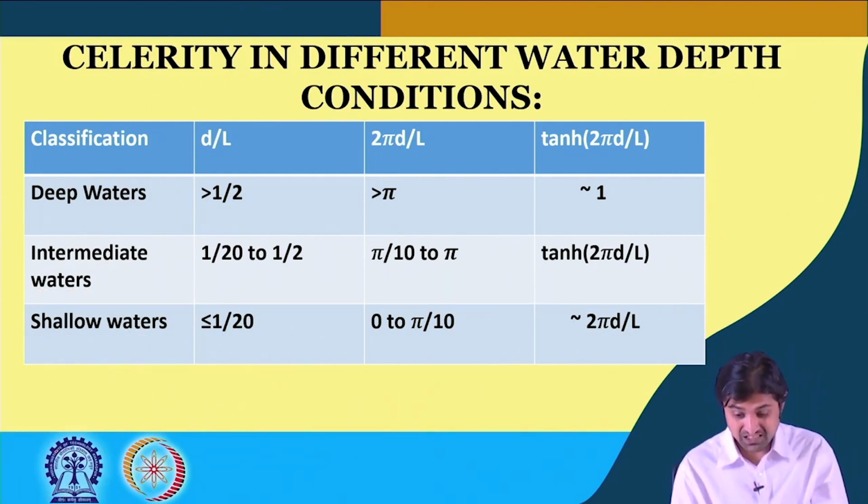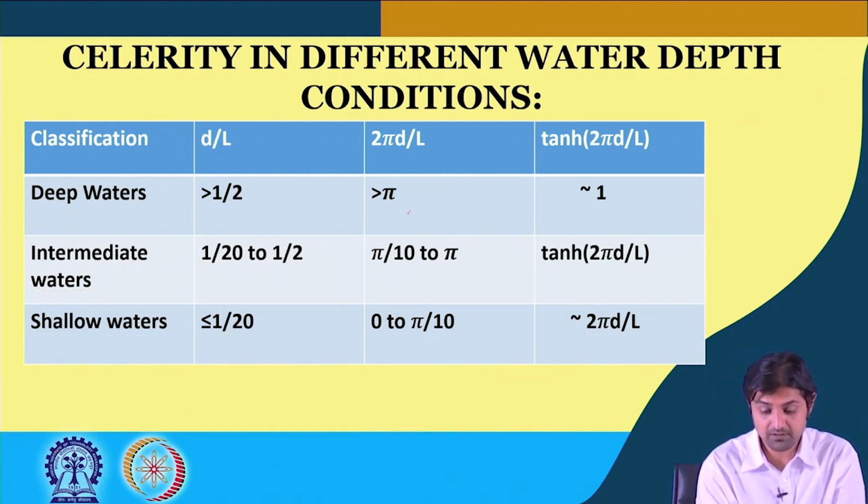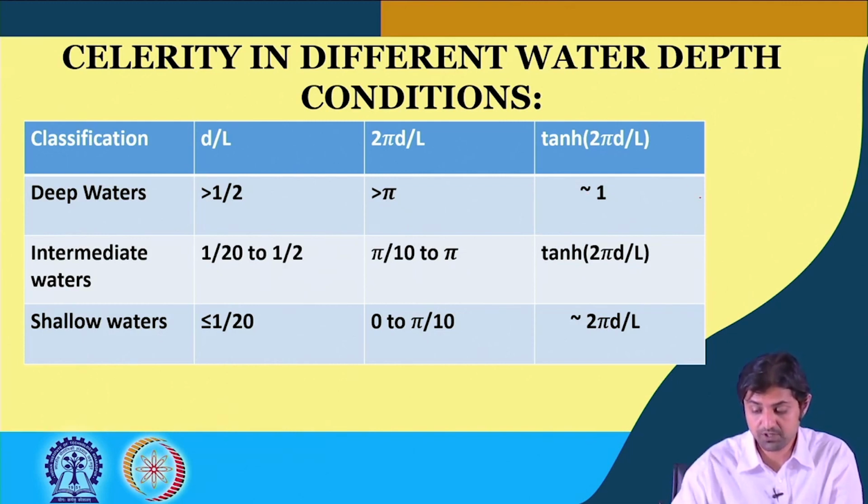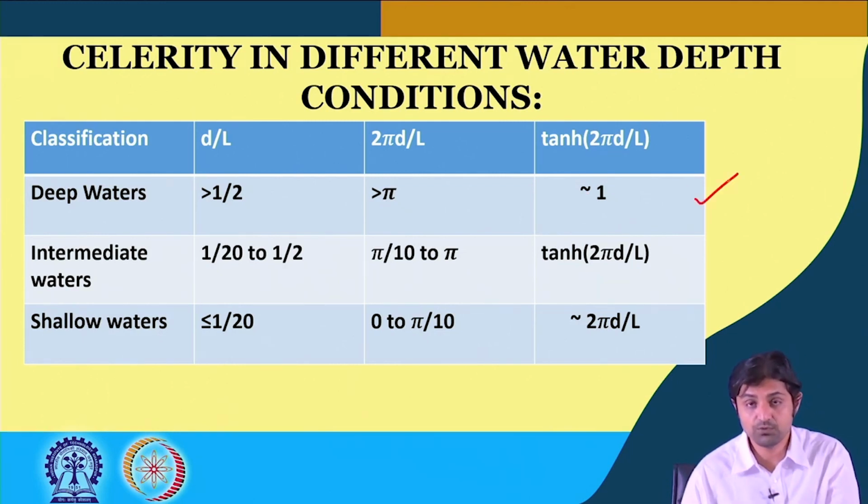So, when 2 pi d by L is greater than pi, then tanh of 2 pi d by L can be approximated as 1. You can use your trigonometric calculators to find that.